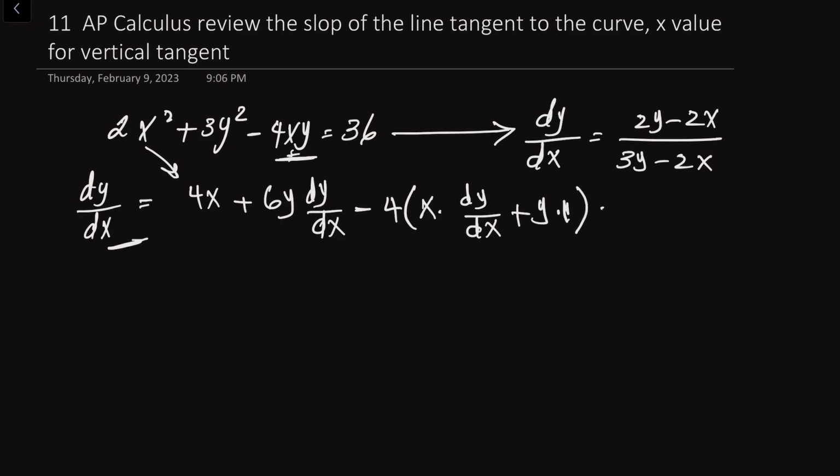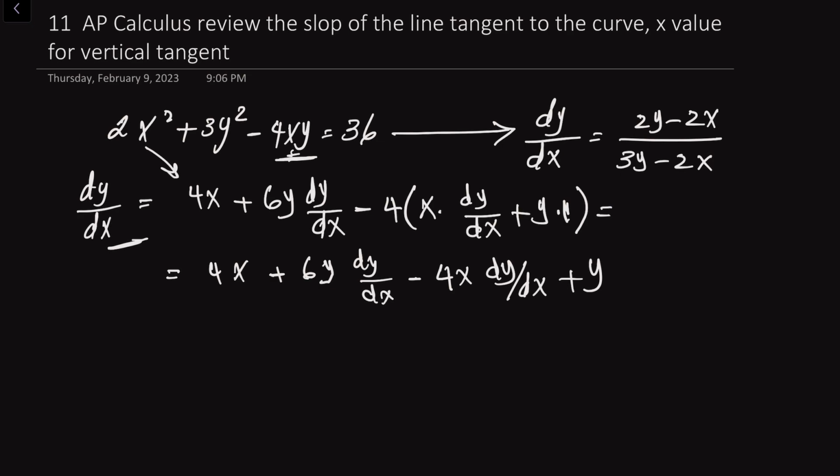Okay, so that would be equal to, let's simplify this. It would be 4x plus 6y dy over dx minus 4x dy over dx minus 4y.